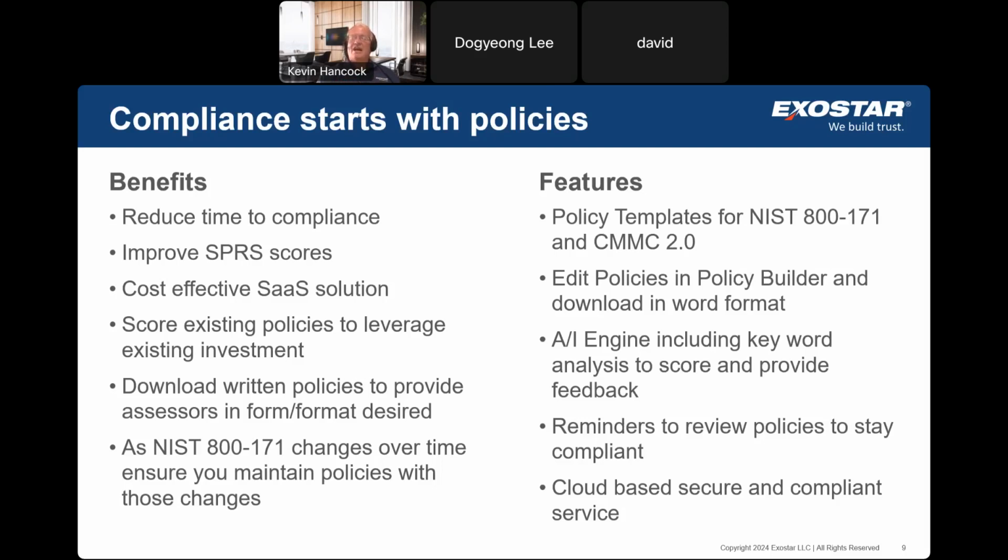This is offered as a service and a platform from Exostar in cooperation with our partner ISMS. To show you how this works, I'm going to turn it over to David to show you how the Policy Pro application works itself. So with that, David, I will turn it over to you.